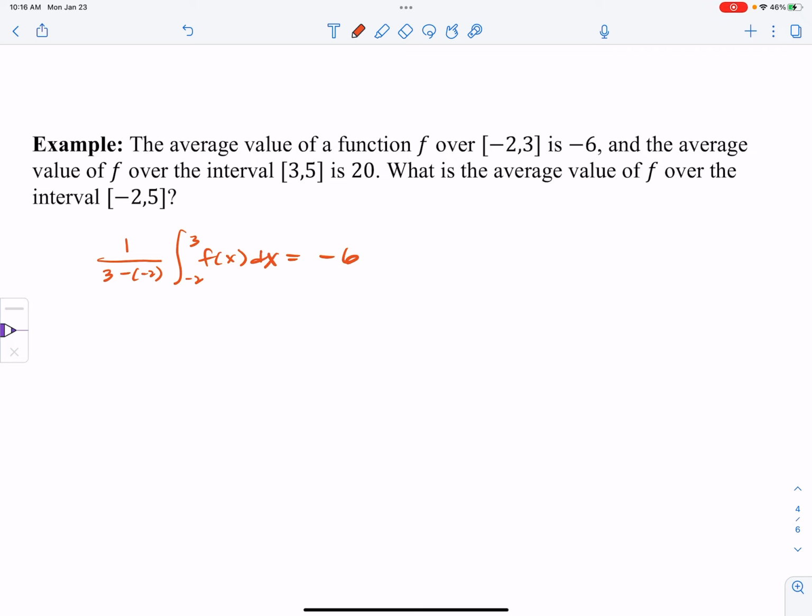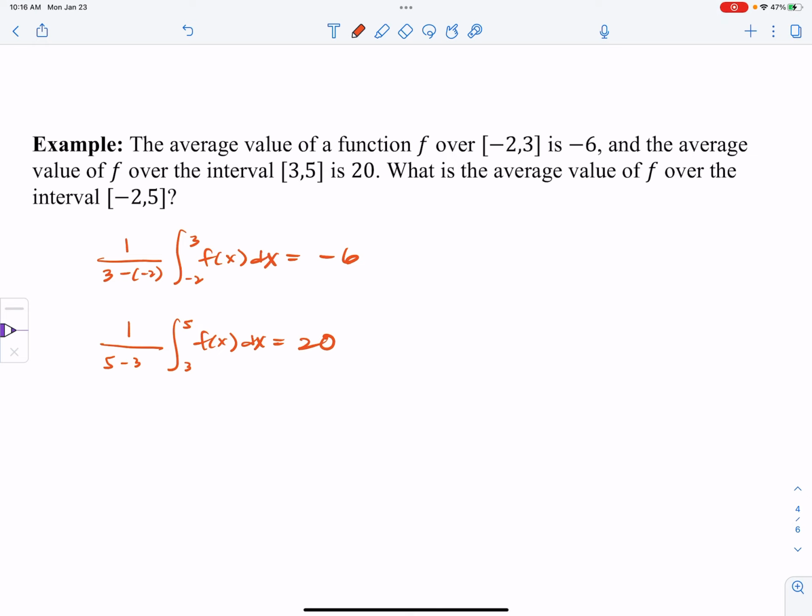And then the average value of f over the interval, so same function, different interval, from 3 to 5 is 20. So that would be 1 over 5 minus 3 times the integral from 3 to 5. Okay, and we want to know what is the average value of f over the interval from -2 to 5.